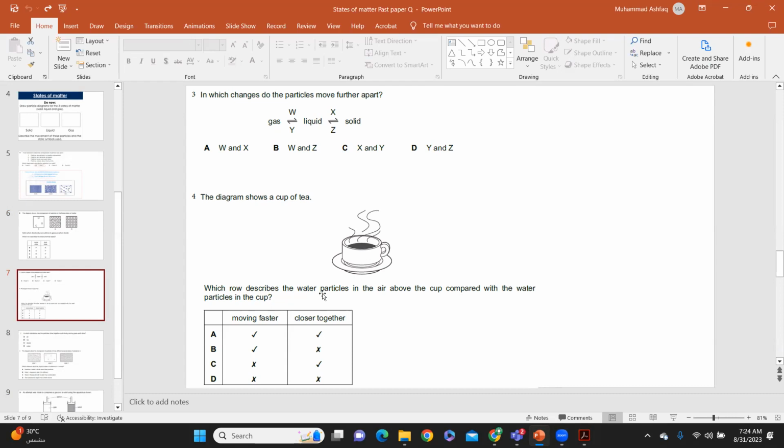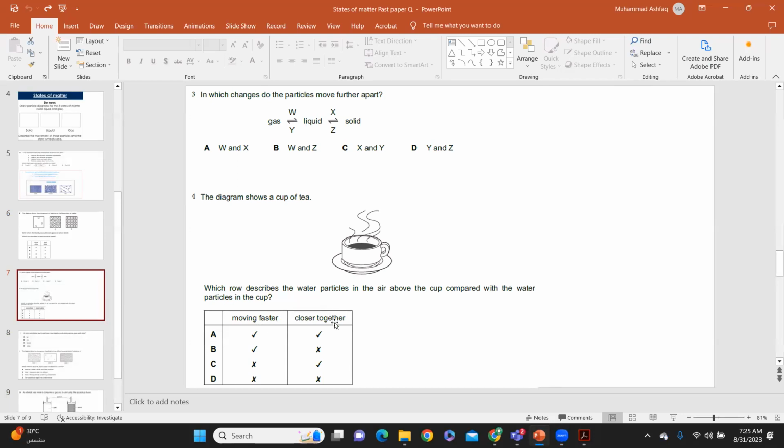Which row describes the water particles in the air above the cup compared with the water particles in the cup? Meaning, what are the particles doing here as compared to inside the cup? Here gaseous state, here liquid state. Condition A says moving faster, close together.